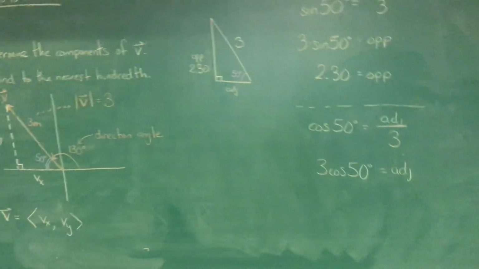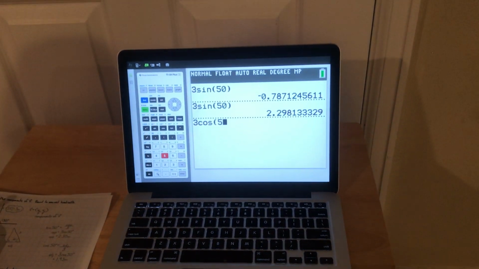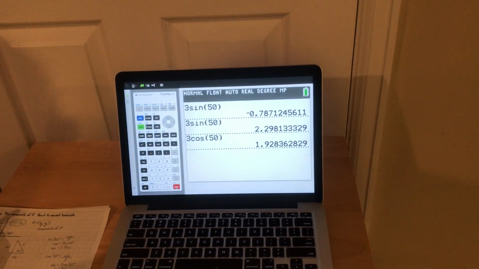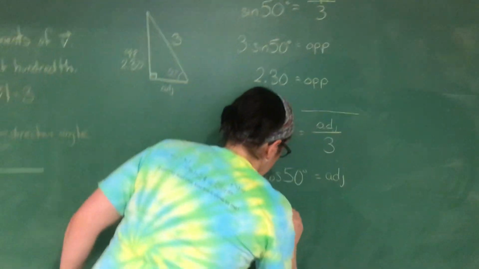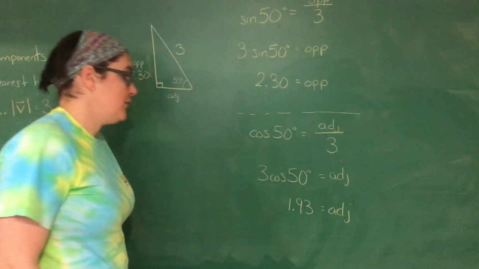So this one, I already know I'm in degrees over here, so we can just type in 3 times the cosine of 50 degrees, and we get, rounding off, 1.93. So our adjacent side is 1.93.